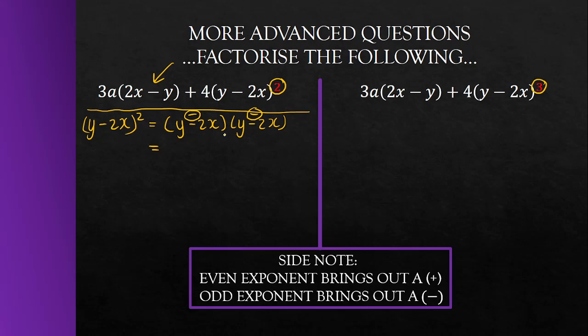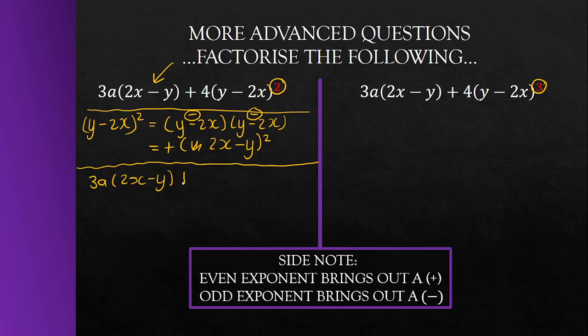Now that is taking out two negatives. And when we take out two negatives and multiply them by each other, we're actually getting a positive. So this is a positive 2x minus y. Taking that into consideration because we have a square. Okay, so we've got 3a 2x minus y plus 4.